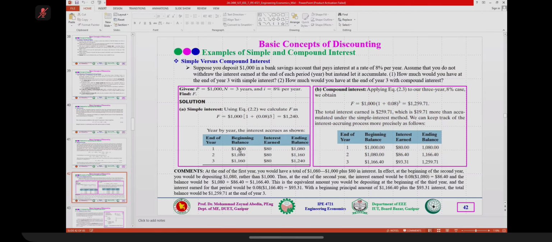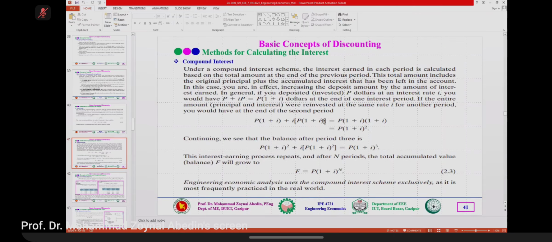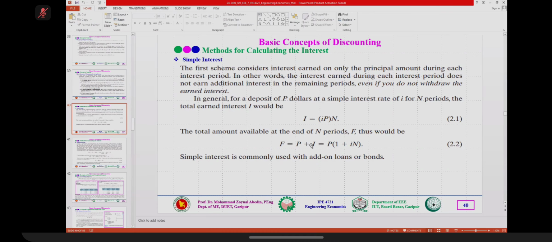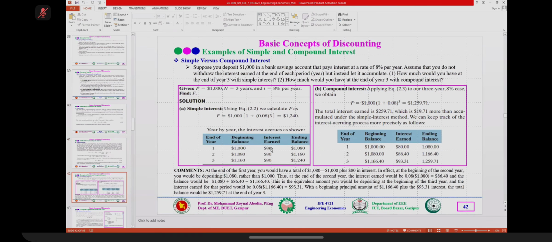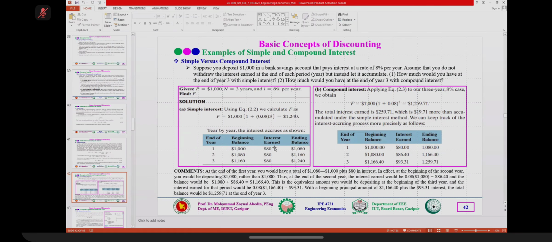In the first year, the interest is i into P, which is 0.08 into 1,000, or $80. So the principal plus the interest is the ending balance after the first year. This ending balance will become the beginning balance in the second year.